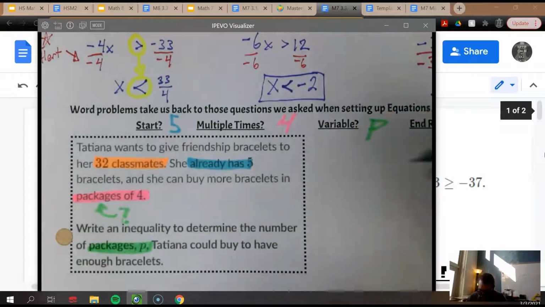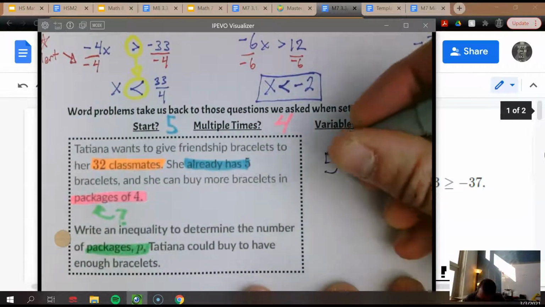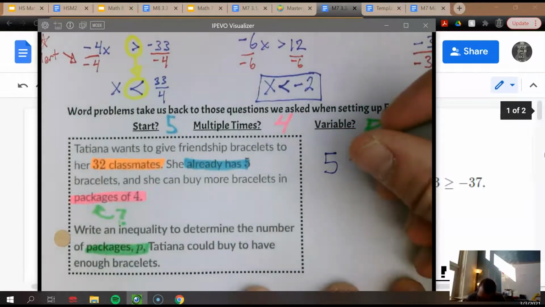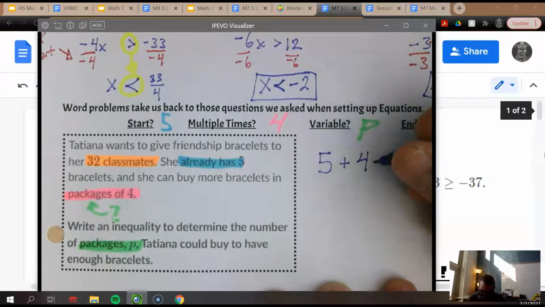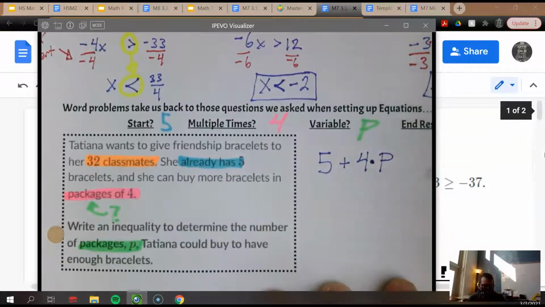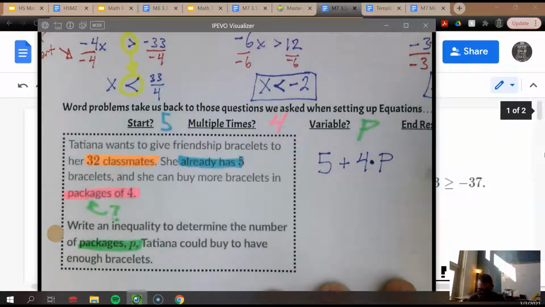So we have 5 to start. Awesome. I'm going to buy 4 bracelets at a time, right? They're in packages of 4. And I'm going to do that multiple times, however many packages we buy.